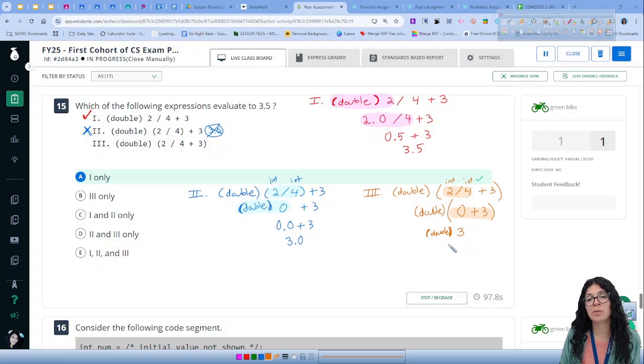So it will typecast 3 to a double, so it will give me 3.0. So this third one also gives me 3.0, which is not what I'm looking for. I'm looking for the ones that evaluate to 3.5. The only one that gave me 3.5 was the first one. So the answer is A.